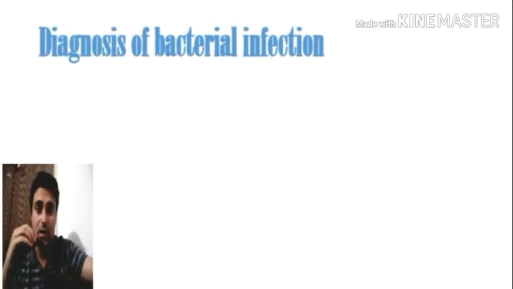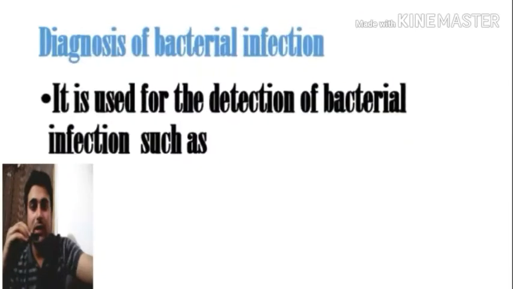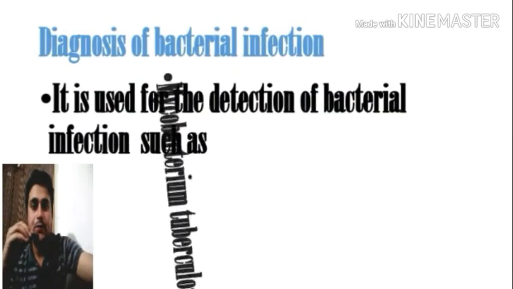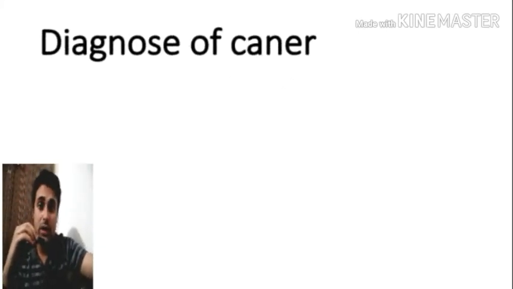It is also helpful in the diagnosis of bacterial disease, like Mycobacterium tuberculosis and others. It is also helpful in the diagnosis of cancer. There is one characteristic you should know: metastasis, which is a very dangerous form of cancer, and in this, cells lose their special character, which we call contact inhibition.